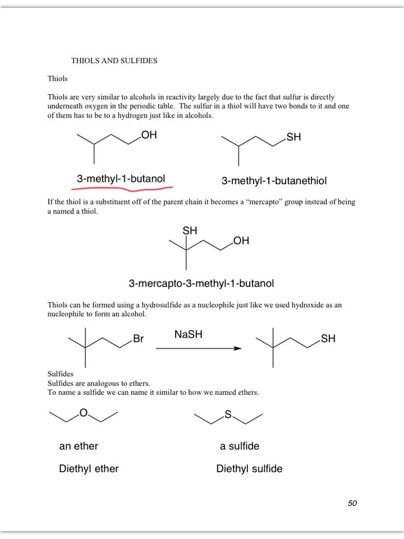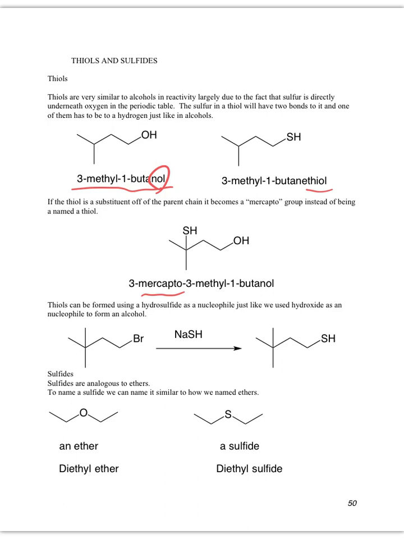So when we had an alcohol, this would be 3-methyl-1-butanol. If we change it to a thiol, it's 3-methyl-1-butanethiol. So all we do is add the thiol at the end instead of over here where we added the alcohol. If it's a substituent off of something, then it's a 3-mercapto, 3-methyl-1-butanol.